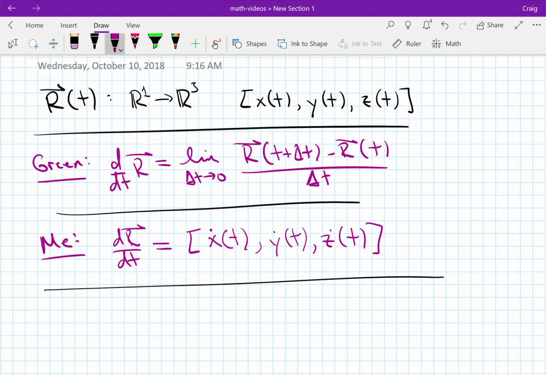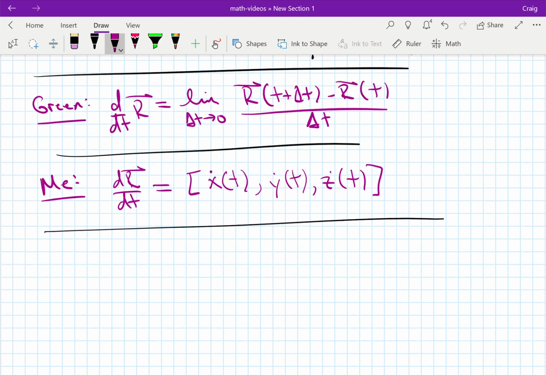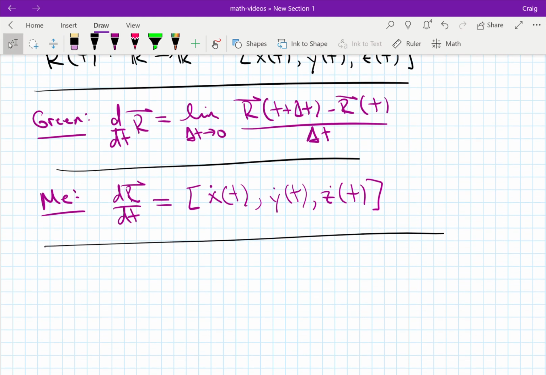Then Greenberg goes on to state a bunch of rules. So if you multiply a vector function, let's say u, so this is theorem 14.5.7, which comes in many parts.